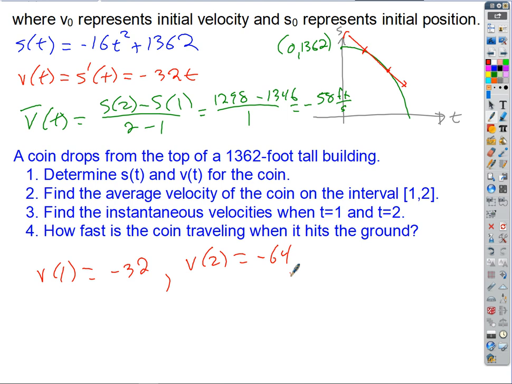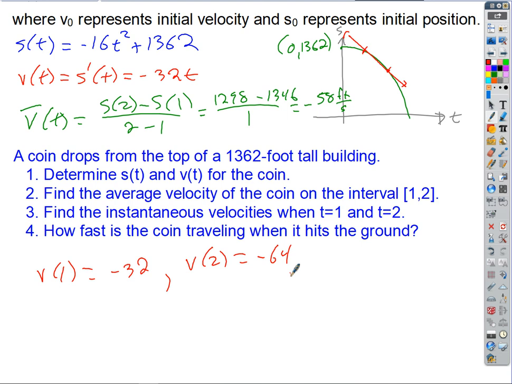Why might that be the case? Liz, why would the average velocity over that interval from 1 to 2 seconds be in between the instantaneous velocities at 1 and at 2? As I drop this object, what's it doing as it falls? It's accelerating. What's that mean in terms of velocity? Increasing velocity, right?